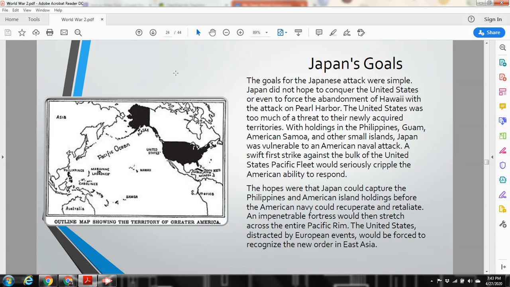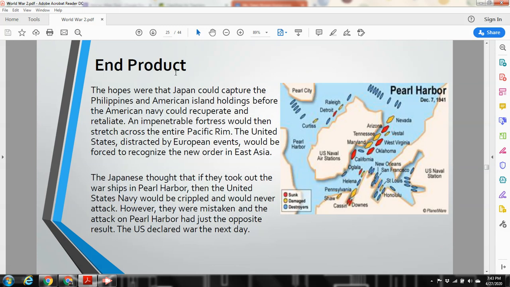Now, another reason the Japanese did it was that they were upset about the Treaty of Versailles, how that all went down, because they were not allowed to be involved with the Treaty of Versailles, and they held a grudge against America because America was leading the charge in that.